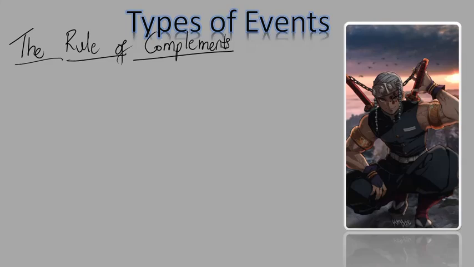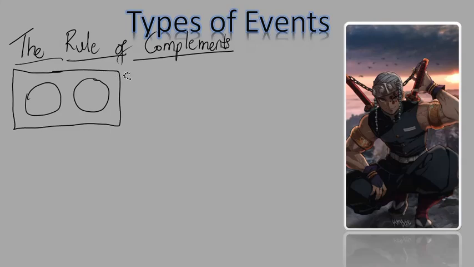The rule of complements says, if I have two events, here we go. It's just a normal Venn diagram. I have A, I have B there. There is something that we call the probability of A. What is the probability of A? The probability of A speaks about items that are here over everything that's in the sample space. Just right here. So, what's not in A?